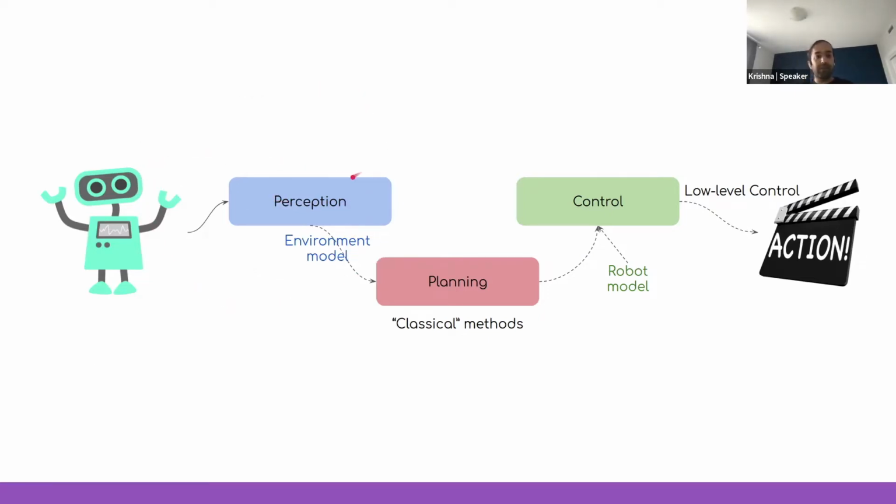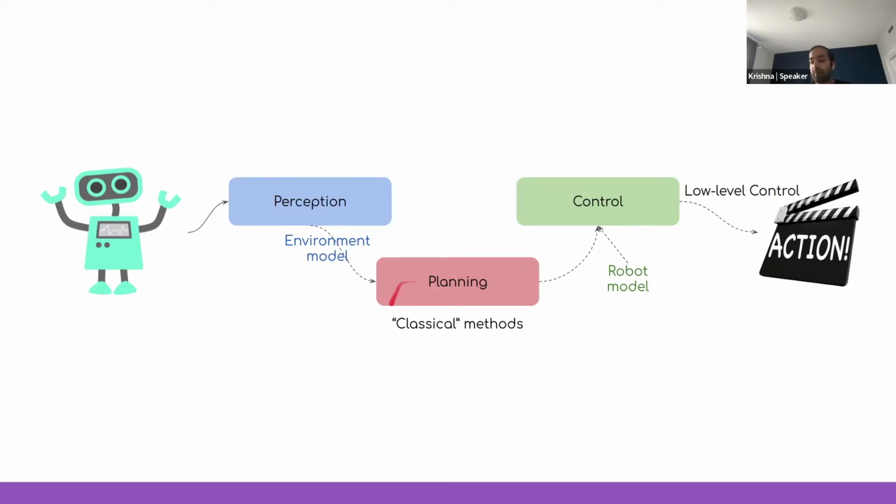There's the perception subsystem, which takes in data from all of the sensors that a robot has and builds some model of the environment. And we'll dive deeper into a discussion of what kind of environment models are more suitable for a few tasks of interest. But just think of this as a black box: a perception module will take in data that a robot's sensors take in and then build a model of the environment.